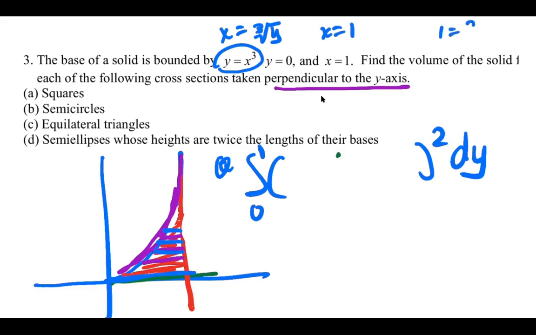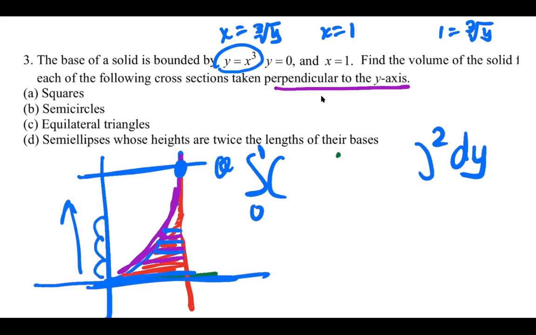So they intersect when x and y are 1. So I'm going from 0 to 1 this way, changing by dy and finding all of these. We have squares, so it's going to be side squared. So right is 1 minus left, the cube root of y.